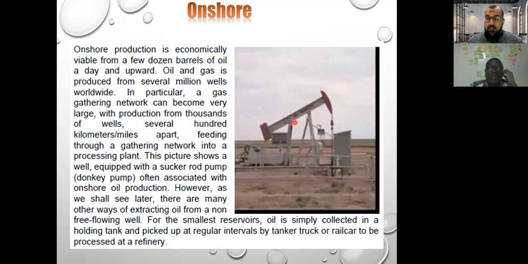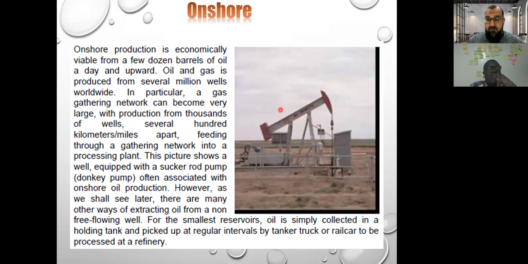So actually, this onshore production is economically viable from a few dozen barrels of oil a day and upward. The oil and gas is produced from several million wells worldwide. So the gas gathering network can become very large, with production from thousands of wells several hundred miles apart, feeding through a gathering network into a processing plant.